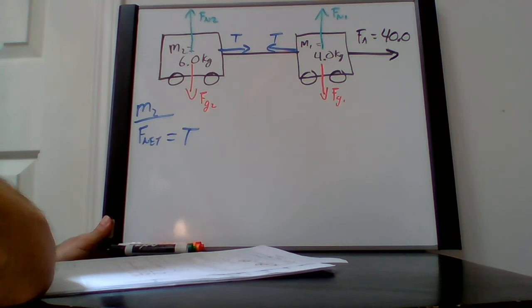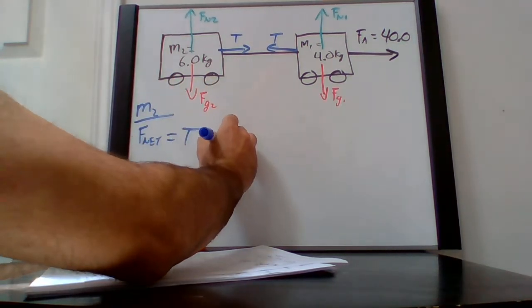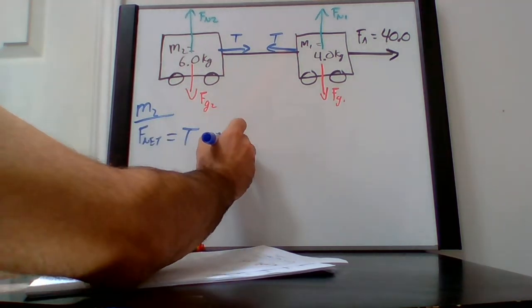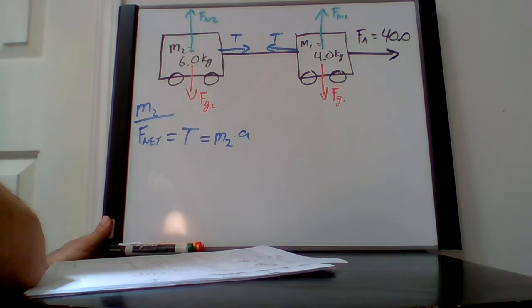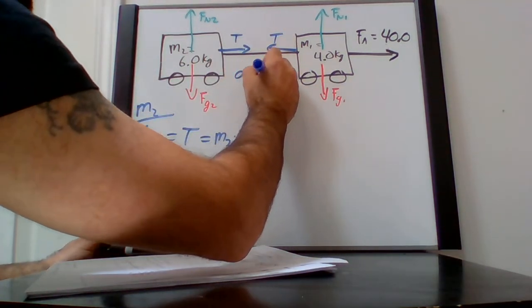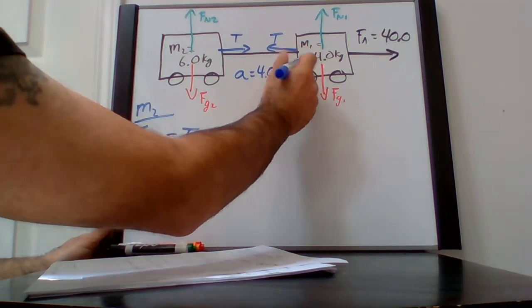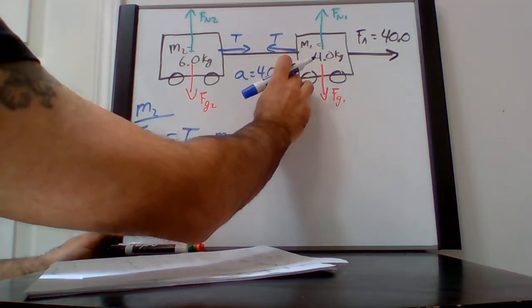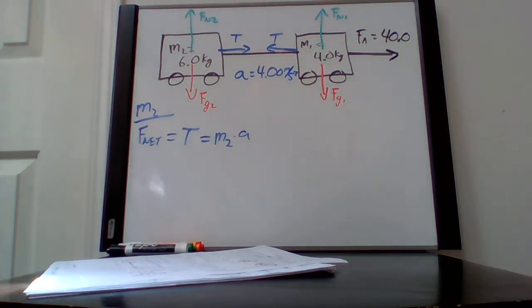Since we're talking about M2, F net is mass times acceleration, but we're only dealing with this mass 2. We had an overall acceleration from the previous calculation, and our entire system, because it is connected, is accelerating at this 4 meters per second squared.